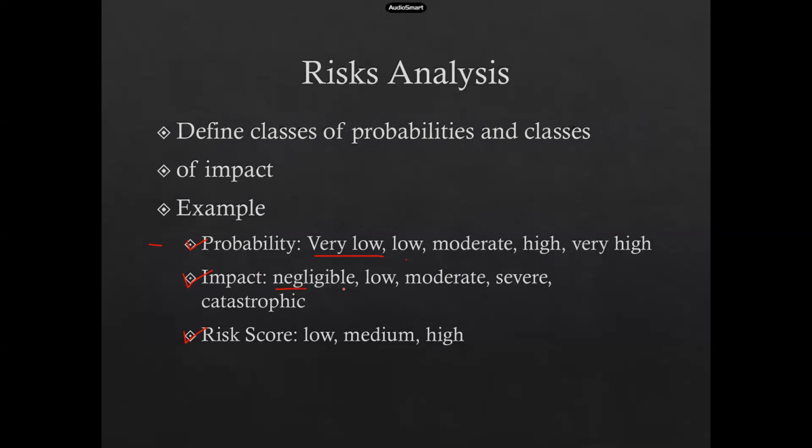Whereas the impact goes with negligible, low, moderate, severe, and catastrophic. And the risk score is low, medium, and high. This is where our P&I matrix gets completed, and we get a very clear picture of which risk is high, which is medium, and which is low.